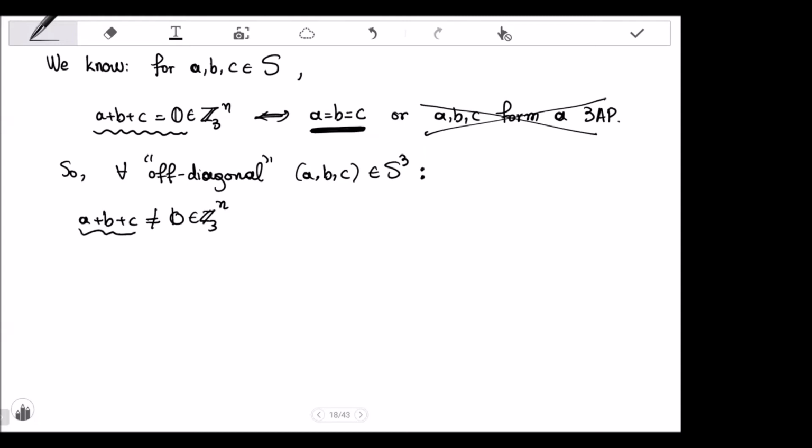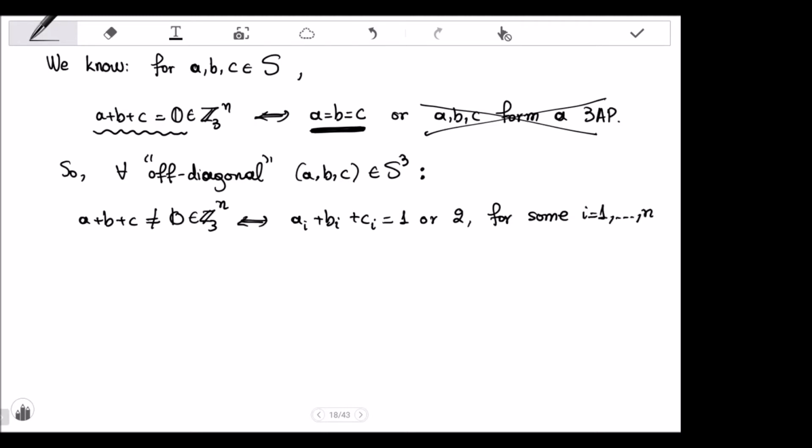So one of these coordinates at least should be non-zero. This is a vector with n coordinates. So this is the same as saying that A_i plus B_i plus C_i is non-zero for some i. So it should be either 1 or 2, right? Because these coordinates live in Z3. So this should be 1 or 2 for some i coordinate.